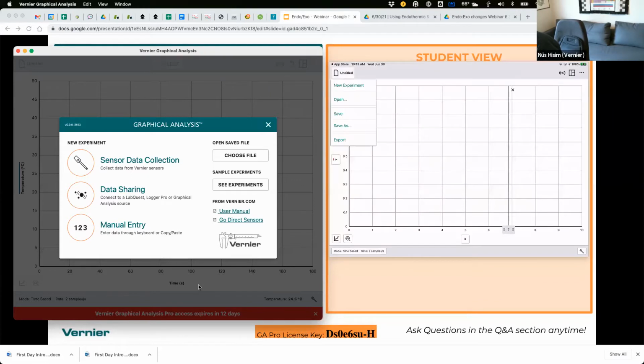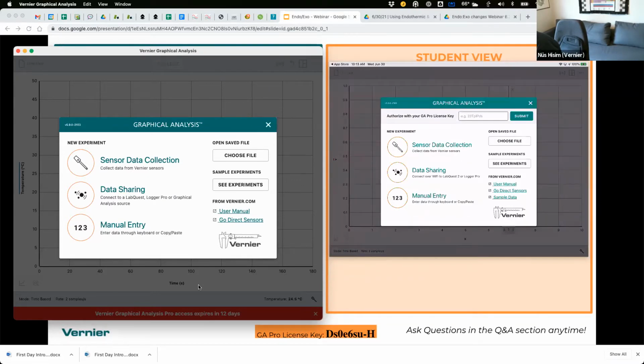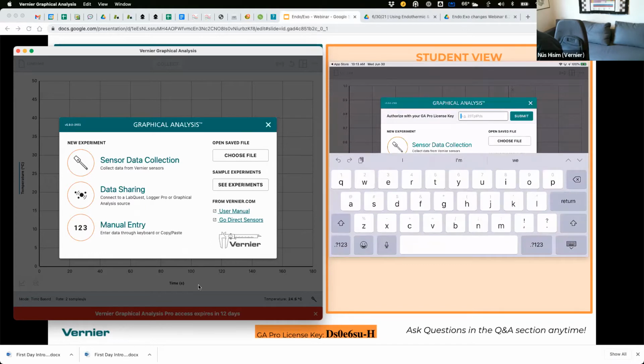Let's see if I can get my iPad to play along here. So what I'm doing, if you might see it in the iPad window there, is DS and then 0. Where's 0?